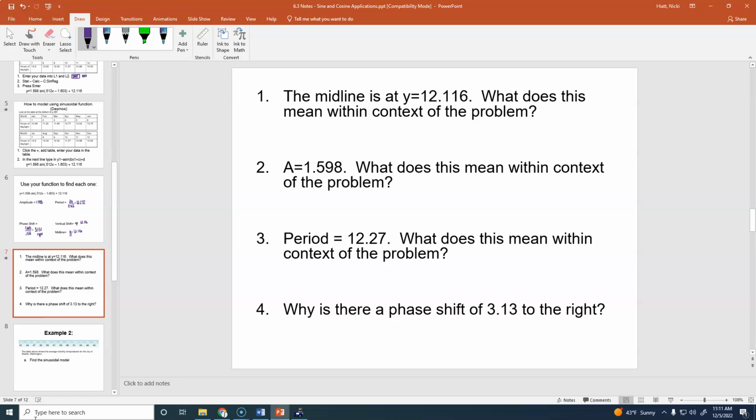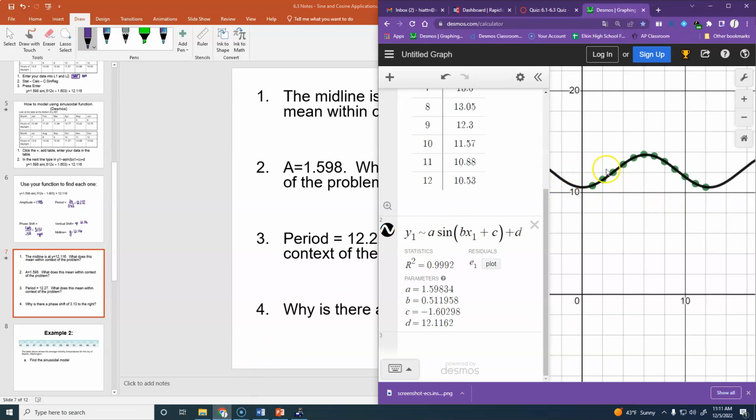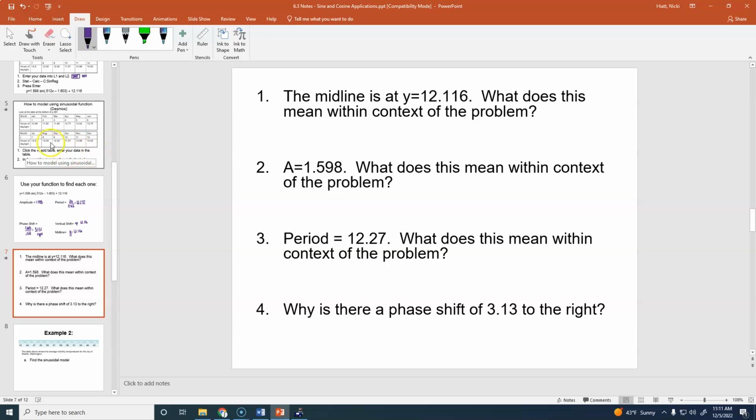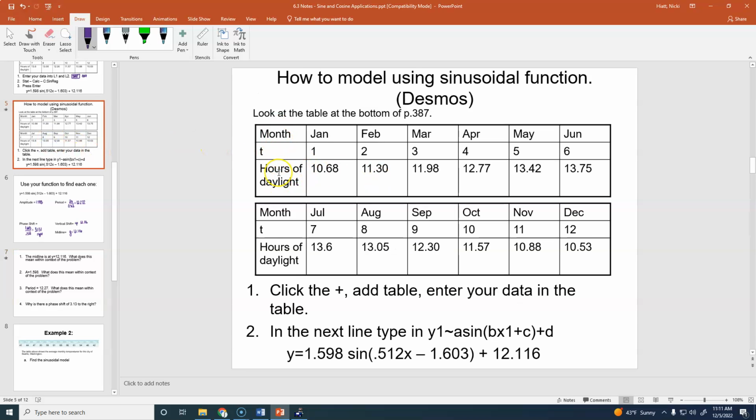What does this mean within context of the problem? What does that tell you about our situation? I don't want to hear middle of the graph. I want to hear about our situation, which was dealing with months and hours of daylight.